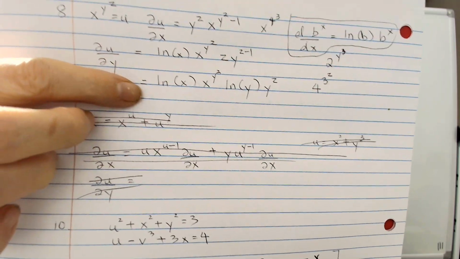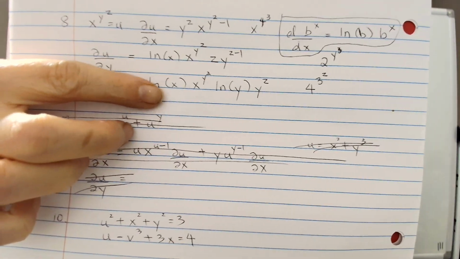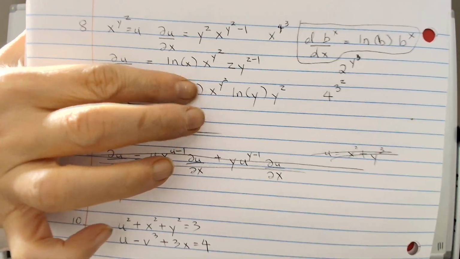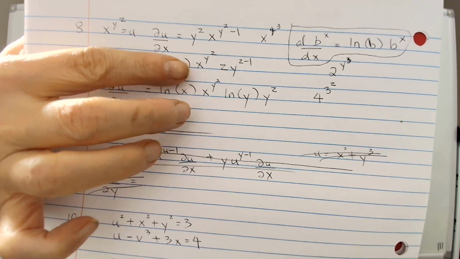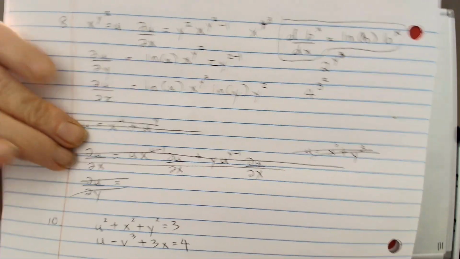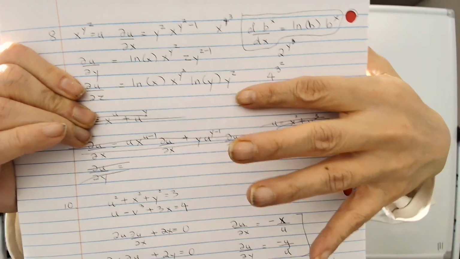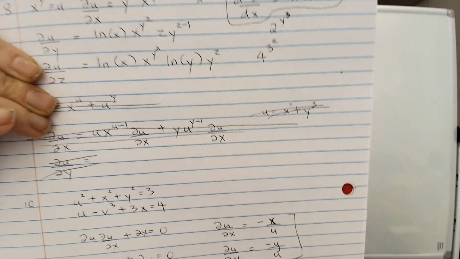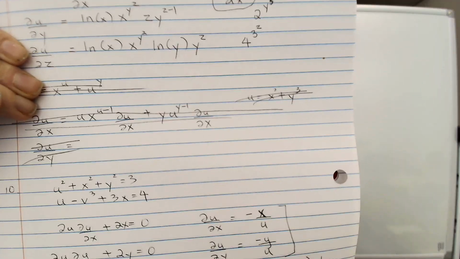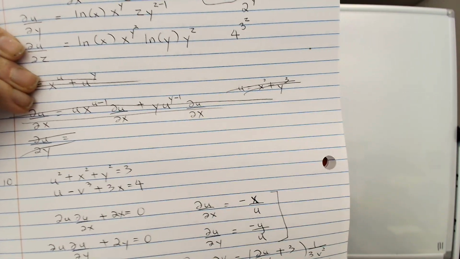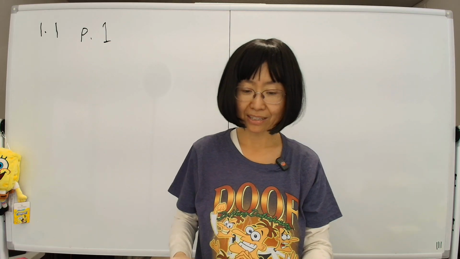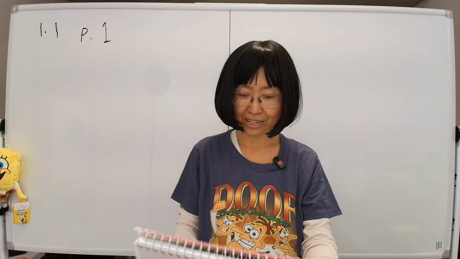So the answer will be the natural log of x, and then the thing itself, which is x to the power y to the power z, and then the derivative of y to the power z, which means you apply this rule again, which is the natural log of y, and then y to the power z, because this time z is just z itself, so there's no more. We have come to the end of the chain, and that should be the correct answer.